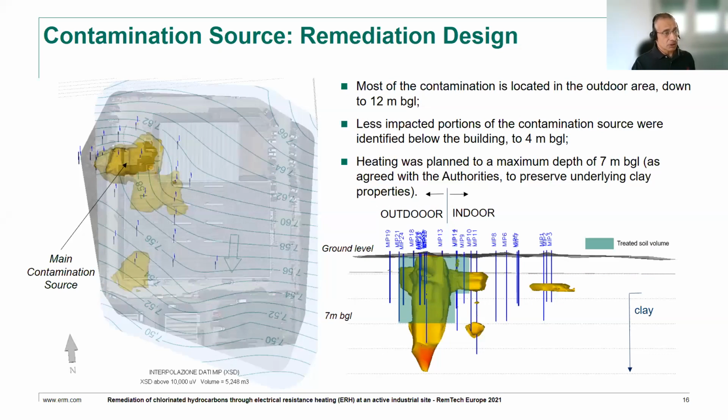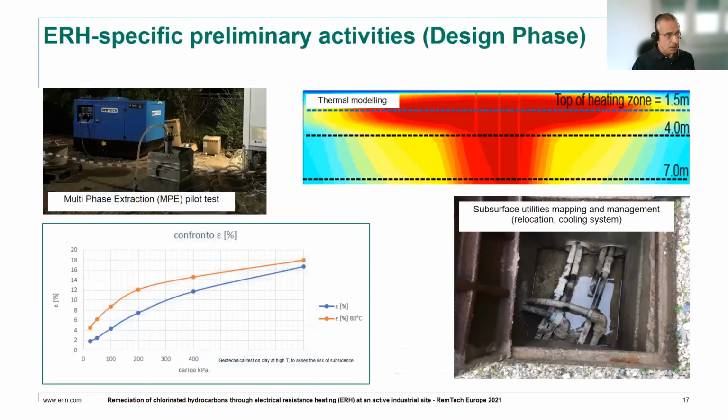In terms of depth, the maximum depth reached by the technology, as shown here, was 12 meters, but the treatment zone was agreed with authority to be from 4 to 7 meters. So we were allowed to leave the deeper contamination as it was considered immobile.